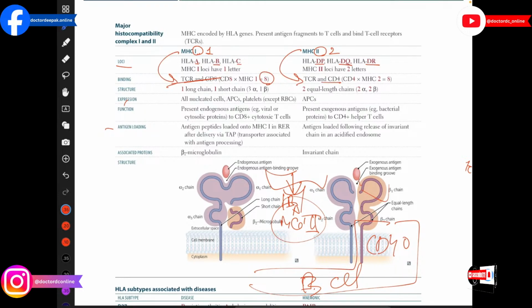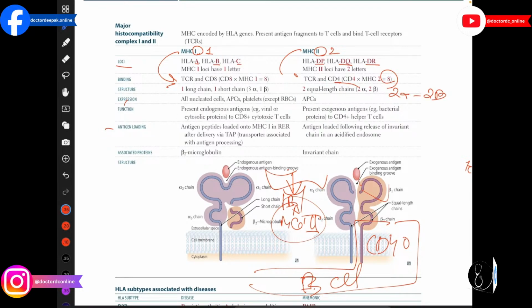The answer should be equal to 8, the rule of 8. The structure has one long chain and one short chain in MHC1, while MHC2 has two equal length chains, two alpha and two beta. Understand? And if you talk about the expression, MHC1 is on all nucleated cells, antigen presenting cells and platelets, except RBC, because RBC don't have nuclei. And MHC2 is on antigen presenting cells.